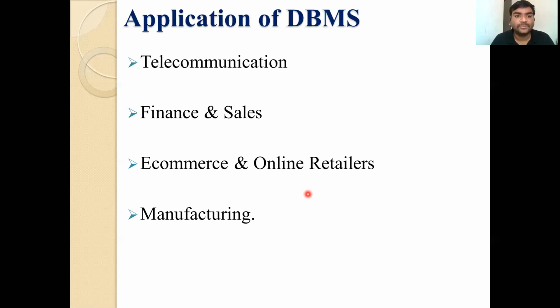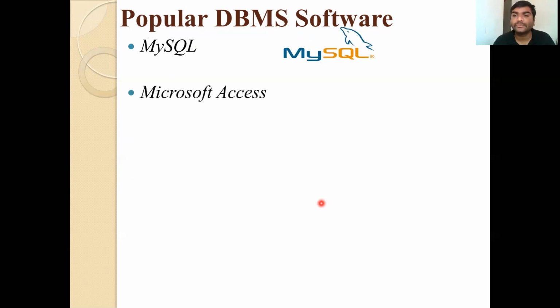Now we can see the next topic, the popular DBMS software available in the world. What are the popular DBMS software? First is MySQL, which all students are aware of. Second is Microsoft Access. It is the basic software that all of you know, but everyone will tell you that MySQL is better compared to Microsoft Access, because Access has certain drawbacks.